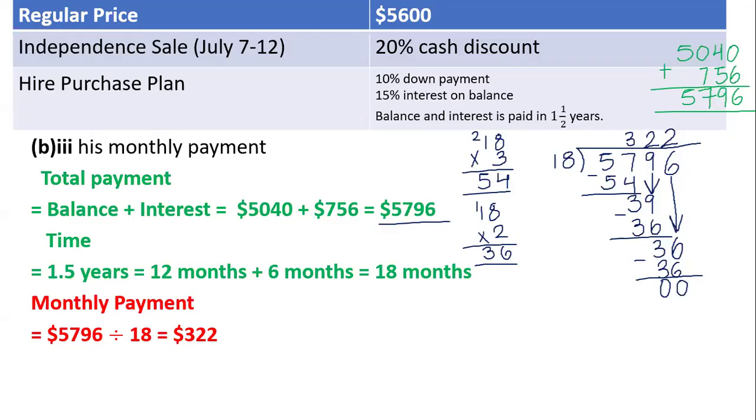And then you do the time, which is 1.5 years, which is equal to 12 months plus 6, which is 18 months. Then you do the monthly payment. You divide the total payment by the time, and that would be $322. Excellent job. Okay, good. So that is how we do it.